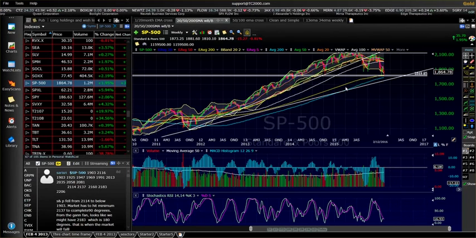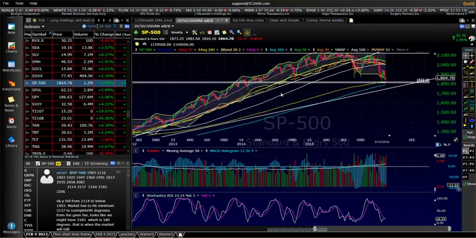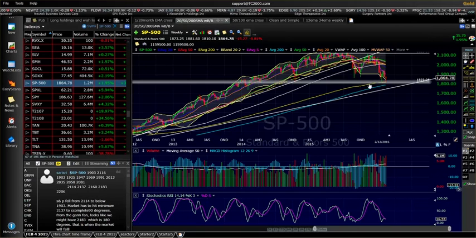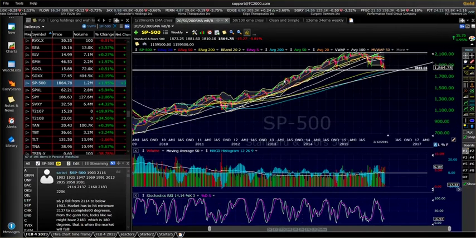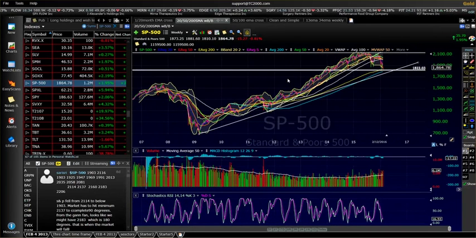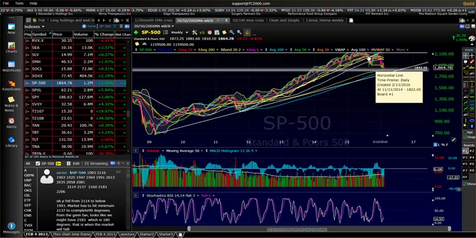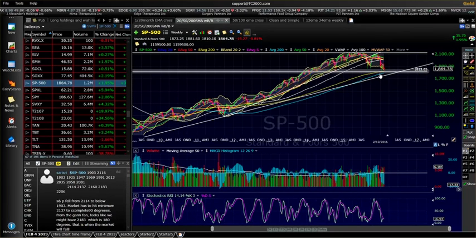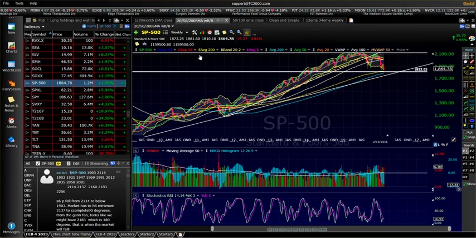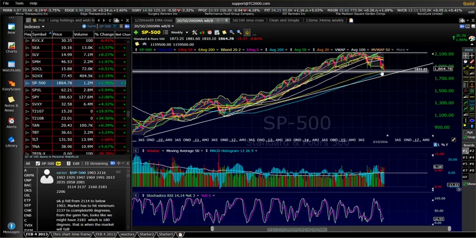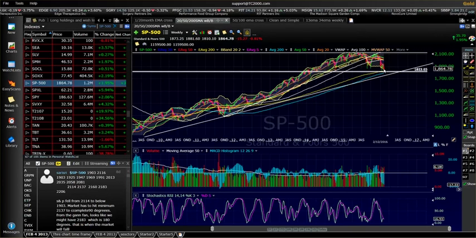For example, the S&P 500 testing this 1812 area also happens to be testing the 200-day moving average on the weekly chart. So you have double support there, which means that if this area breaks, and that's the EMA, if this area breaks, it could be a significant break.